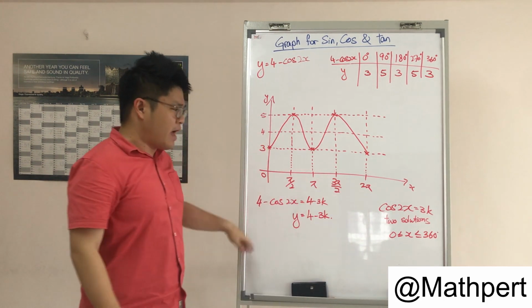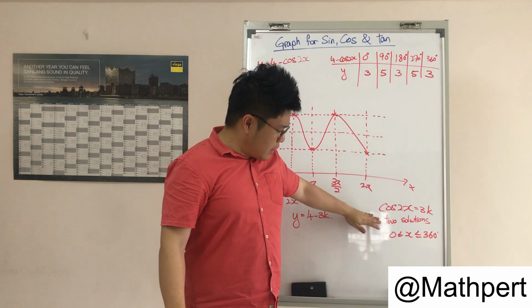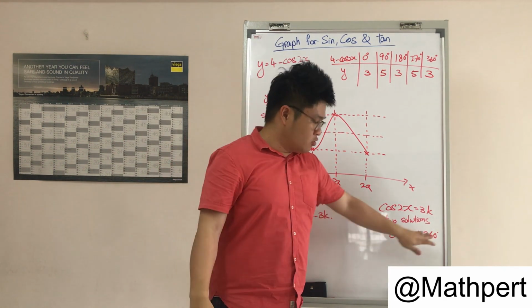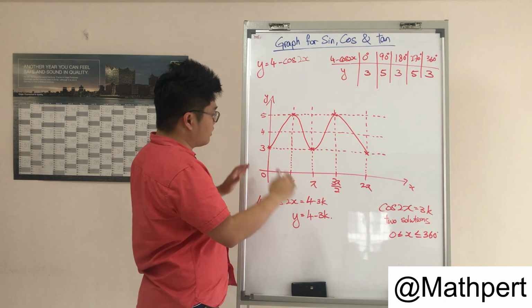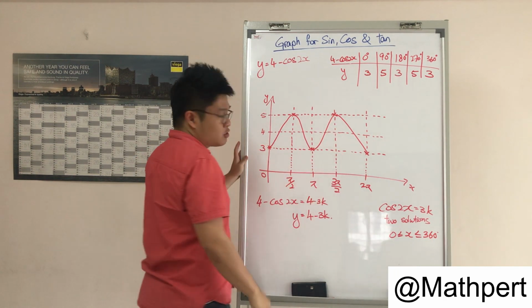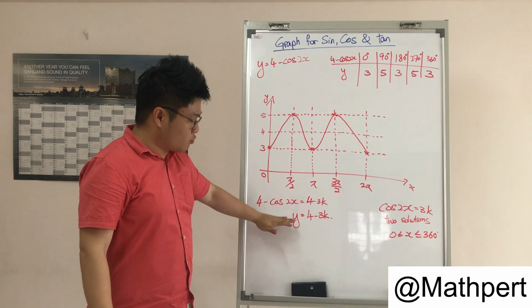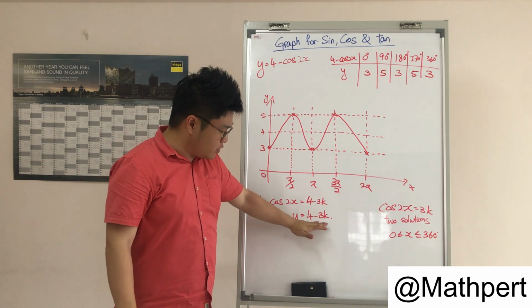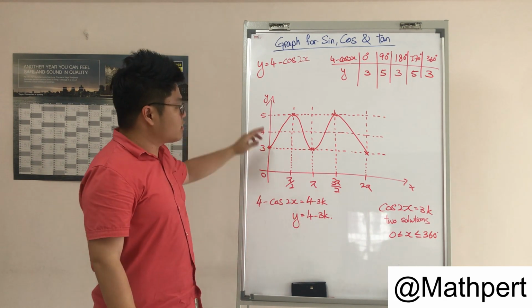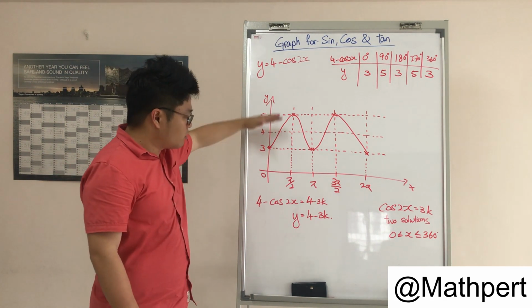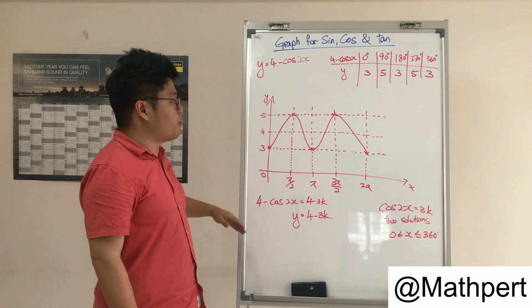Alright? And we are told that there are two solutions in between 0 to 360 degrees. Meaning, in between these two graphs, there are two solutions. Meaning, this equation y equals to 4 minus 3k intersects this curve at 2 points.